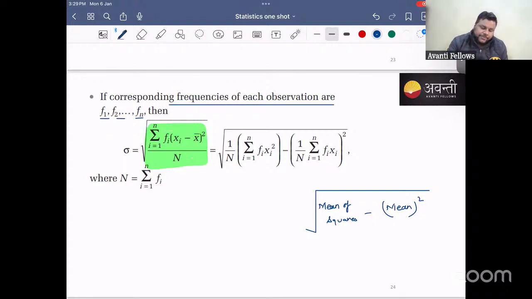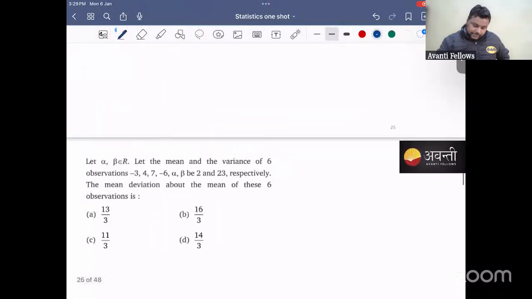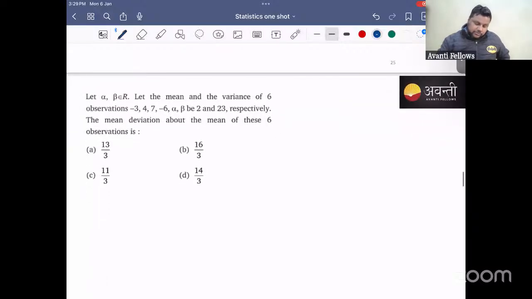This is what standard deviation is. Now there is a term called variance. The square of standard deviation is called variance and is denoted by sigma square. Got it? Now let's do a few questions.